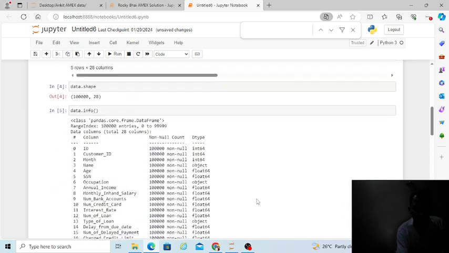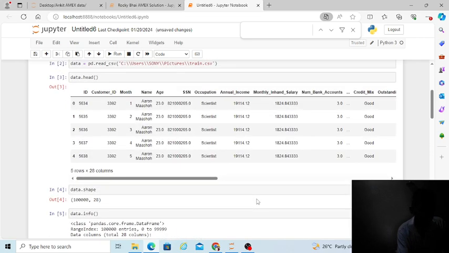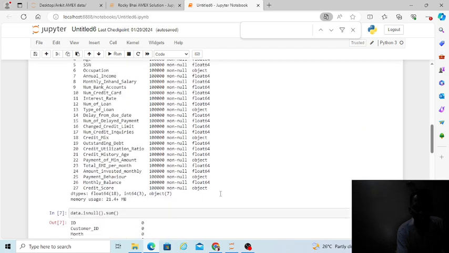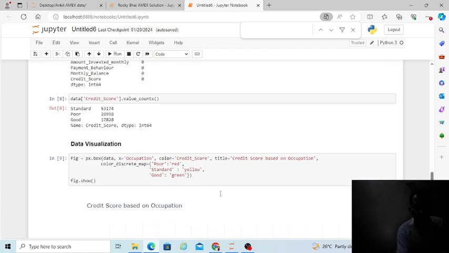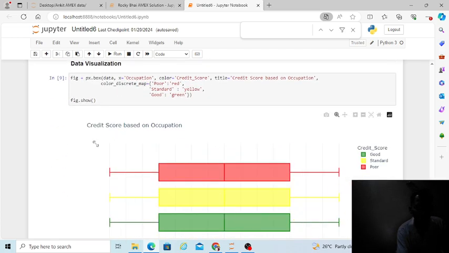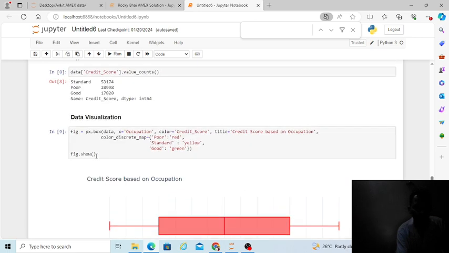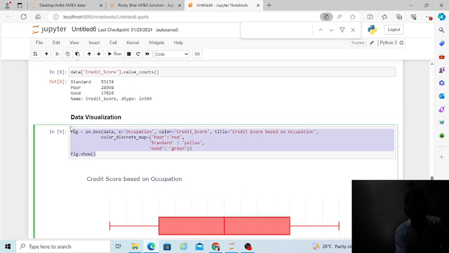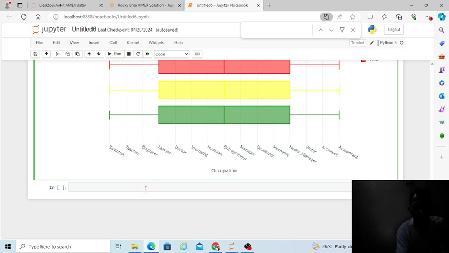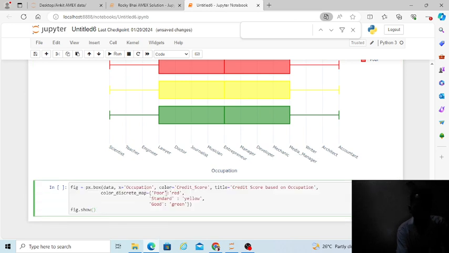Next we'll try to check annual income. With the help of annual income, we will try to derive a relationship between credit score and annual income. So for this also I will use the same code, only I will make minor changes over here.